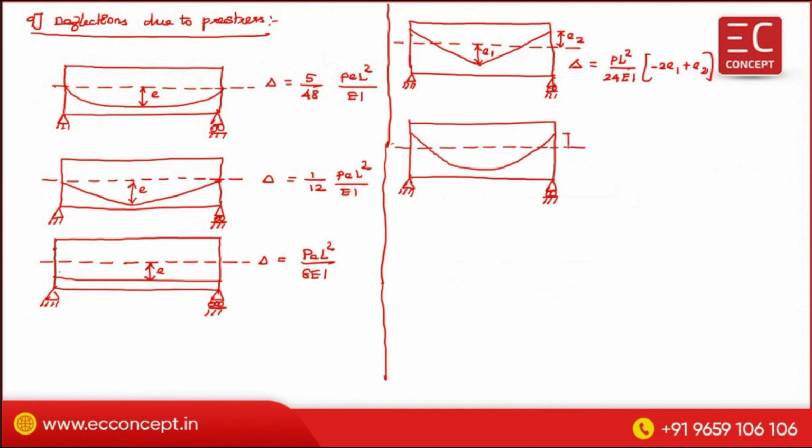So this is E2 and this is E1, center point. In this case, the deflection is equal to PL square divided by 48 EI into minus 5 E1 plus E2. So these are the important points that you have to keep in mind in the examination.